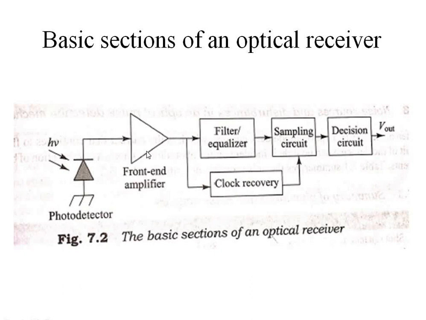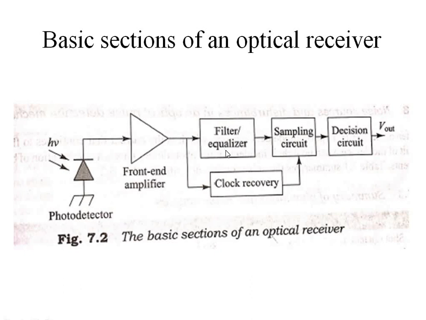After the signal produced by the photodiode is amplified, it passes through a low pass filter. This low pass filter is used to reduce the noise that is outside of the signal bandwidth.